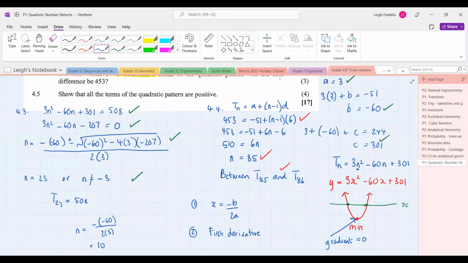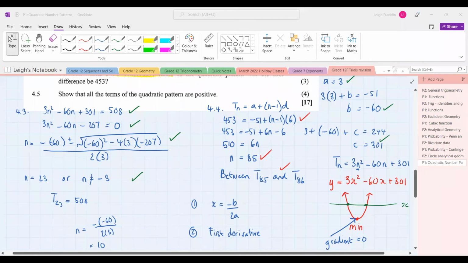How are we now going to work out what the 10th term is? What are we going to do with 10? Okay, sub it into... Where would we sub it, Nick?